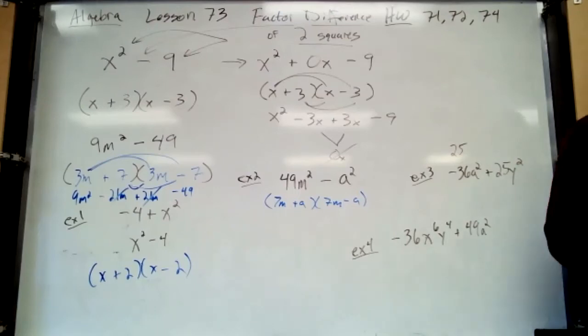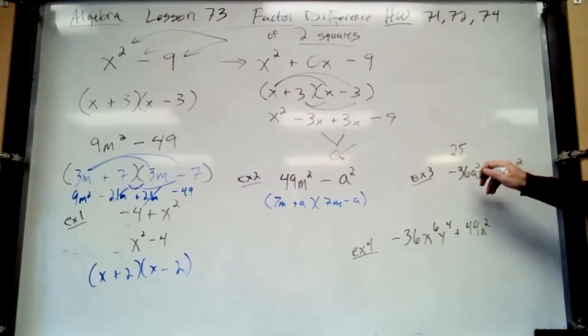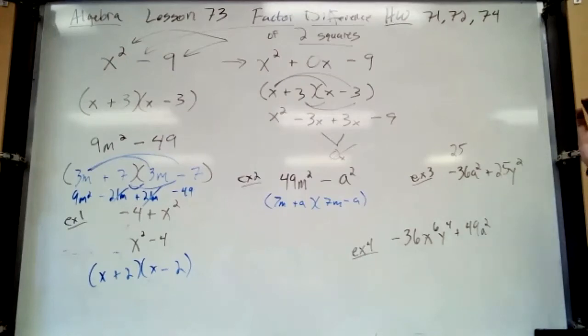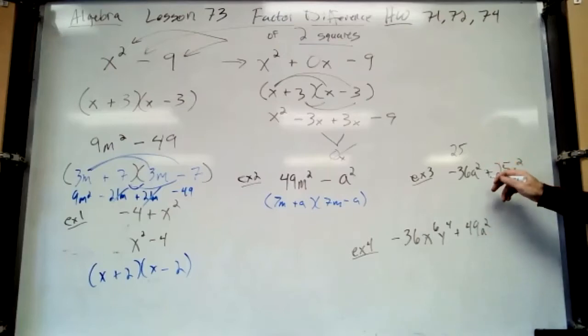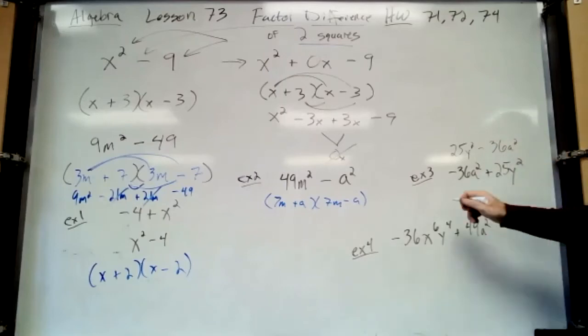Okay, so you're very close. Now, what you didn't do is write this as a difference of 2 squares. So the only thing you messed up was that 6a minus 5y. It should be 5y minus 6a. Here's why: if you write it as a difference of 2 squares, now you do your thing.